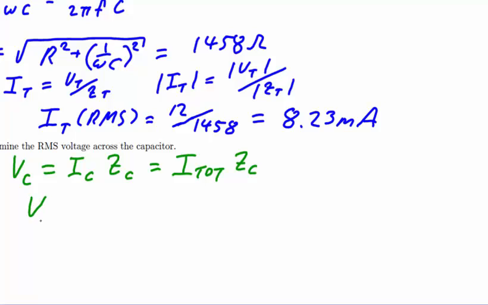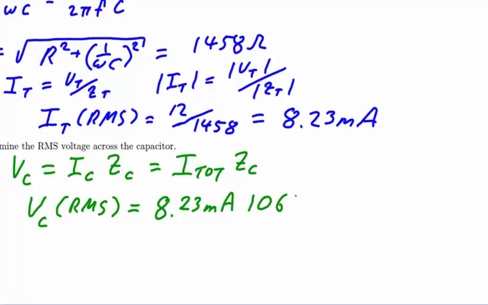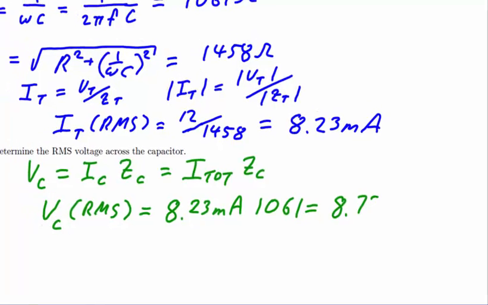The magnitudes can either be peak or RMS, and so far everything in this problem has been RMS, so we'll be able to plug in the 8.23 milliamps for the current through the capacitor, and using our previous calculation, the impedance just of the capacitor is 1061 ohms. This gives us a result that the RMS voltage across the capacitor will be 8.73 volts.